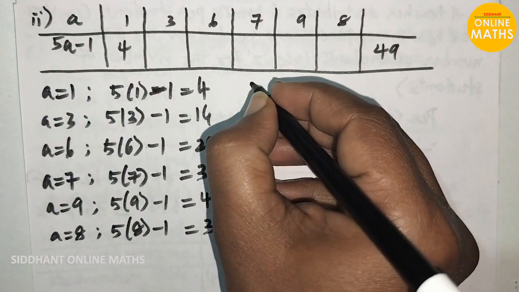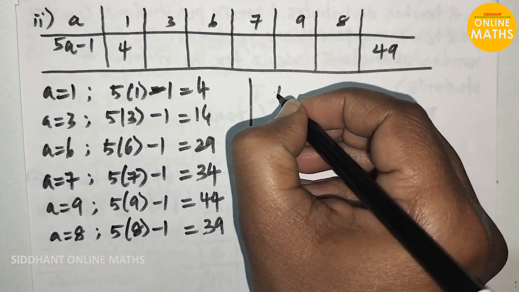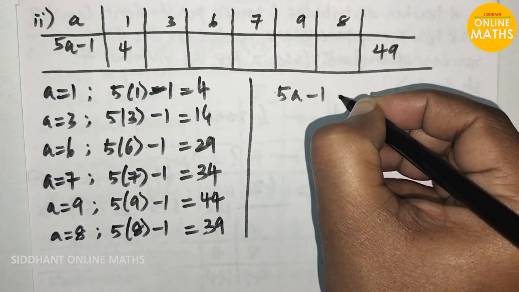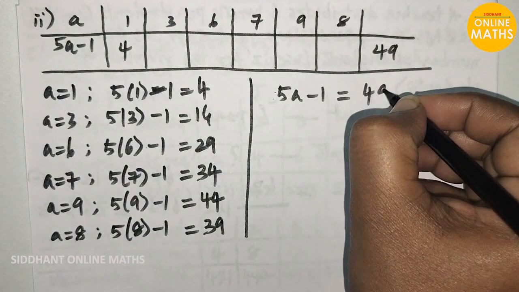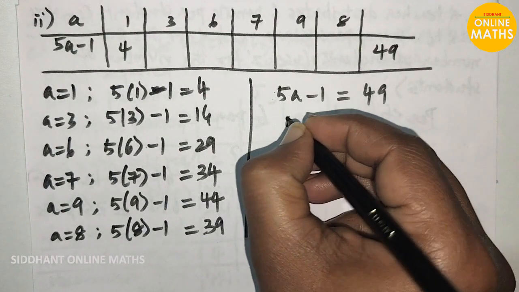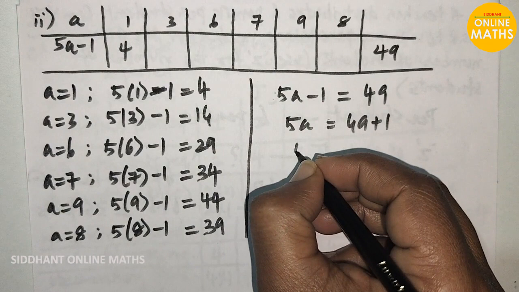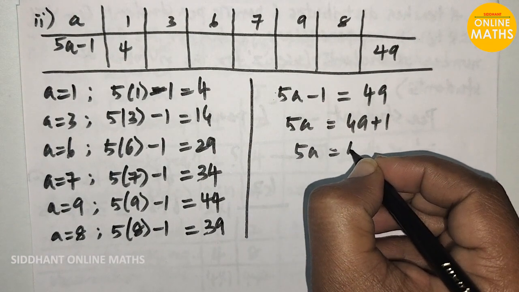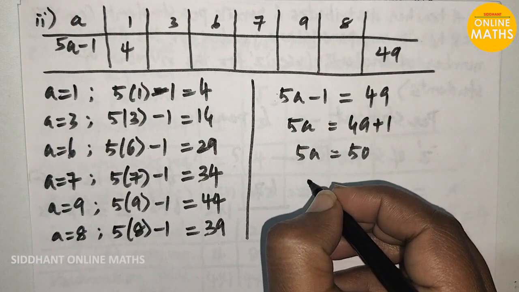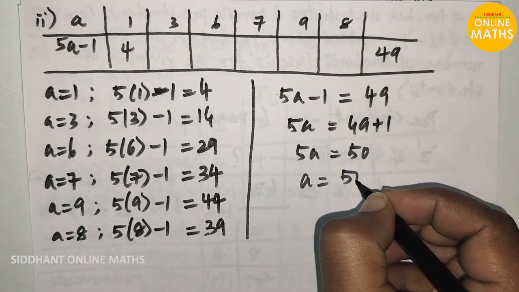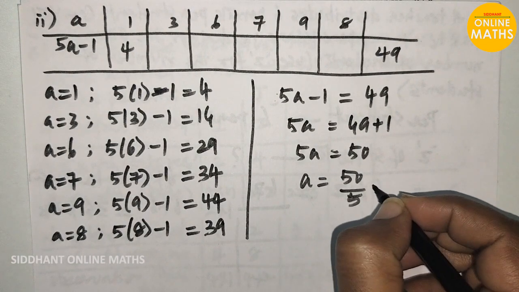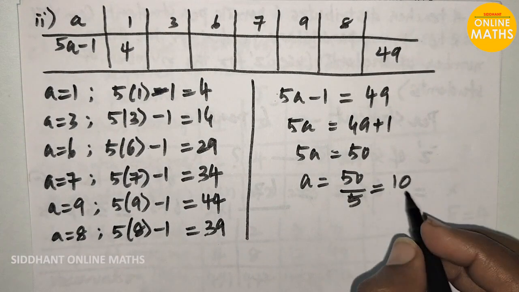So last one, we are going to see 49 is the result, and we are going to find the a here. That means 5a minus 1 is equal to 49. Then 5a is equal to 49 plus 1. Then 5a is equal to 50. A is equal to 50 by 5, that will be 10 here.